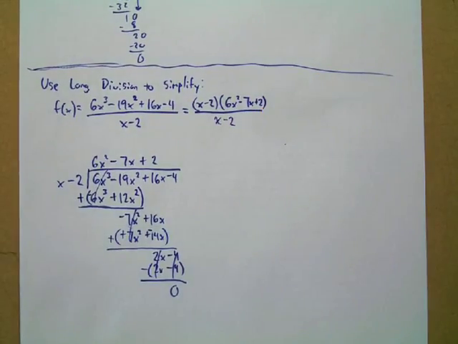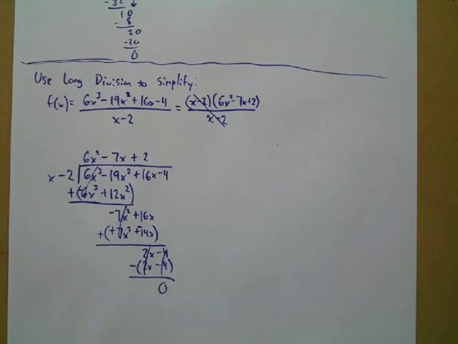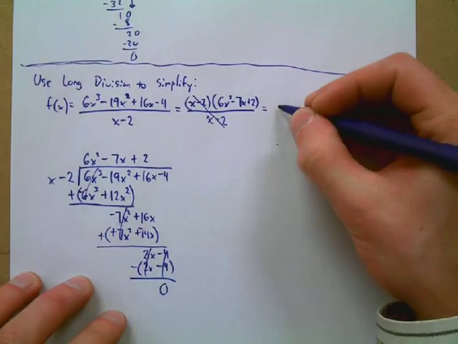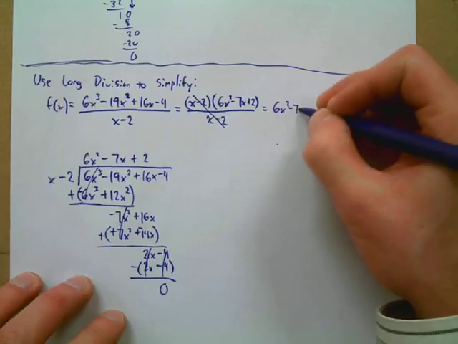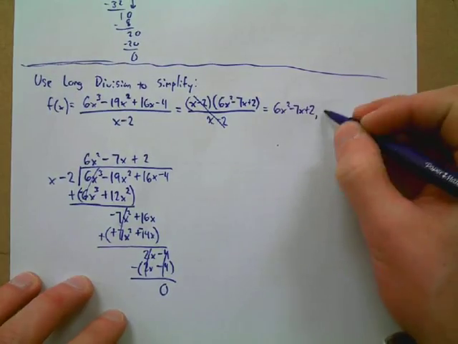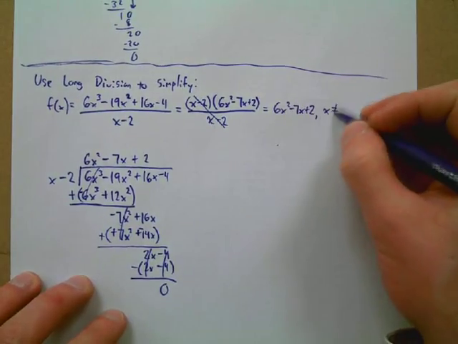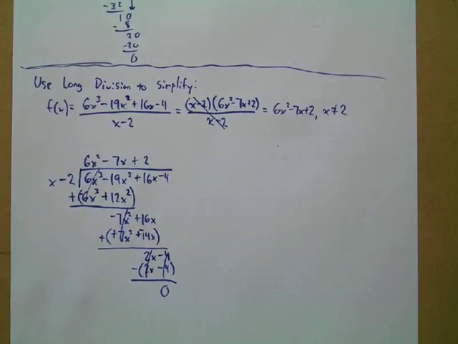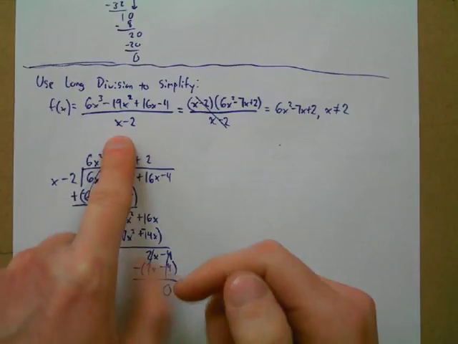But I do need to put one little caveat in there, that x does not equal 2. Why do I need to put that little x not equal to 2 in there? Yes, in the original function, if I plug in a 2, this thing's undefined. But if I go to this supposedly equivalent form over here, I can plug 2 in and have no problem.